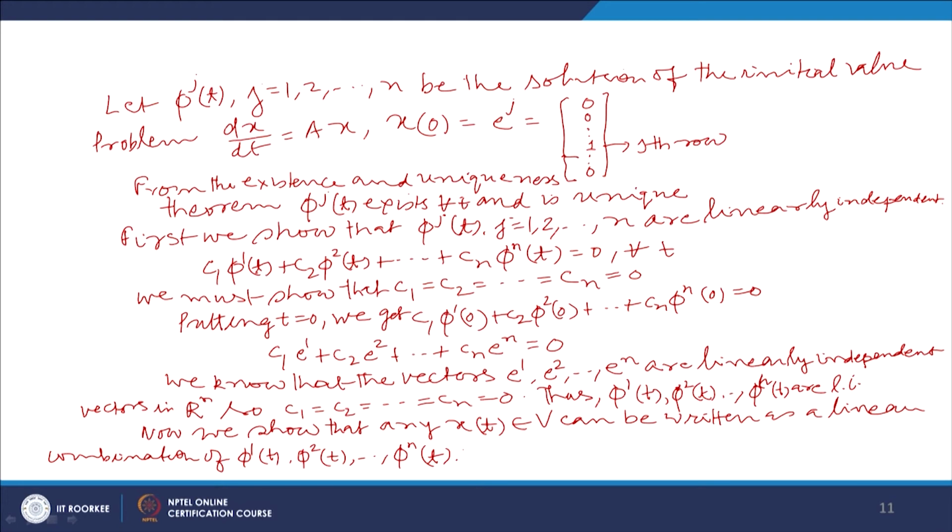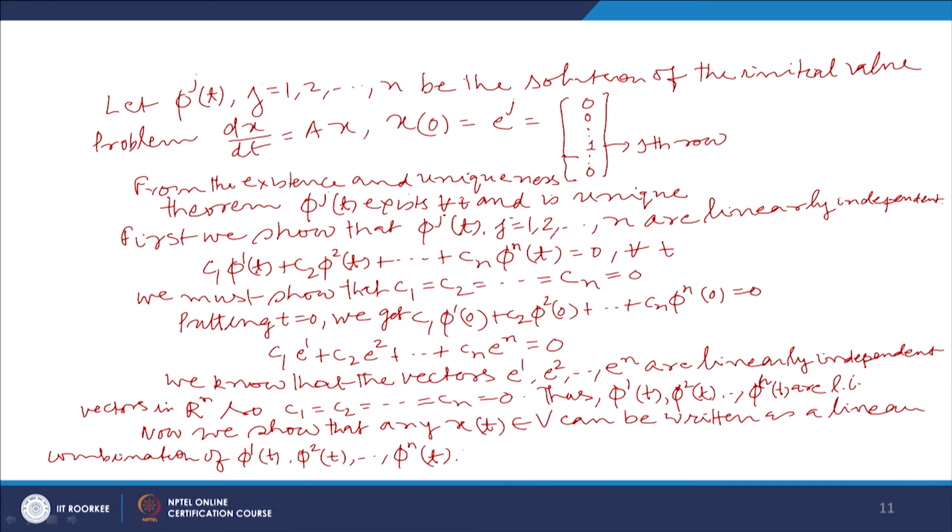So, that will mean that the span of the vectors phi 1 t, phi 2 t and so on phi n t is equal to B. And since we have already shown the linear independence of phi 1 t, phi 2 t and so on phi n t, it will follow that they form a basis for the vector space B.